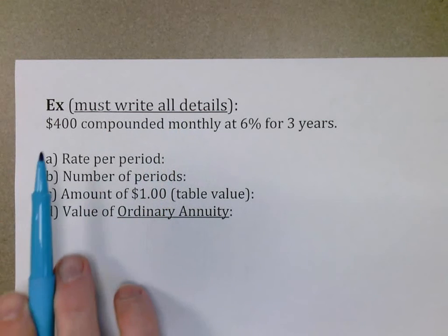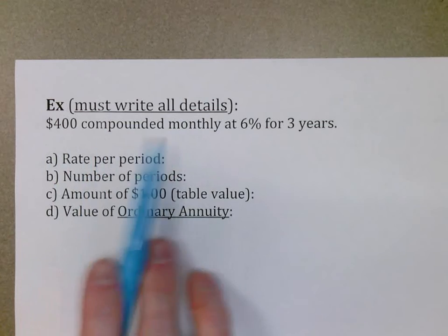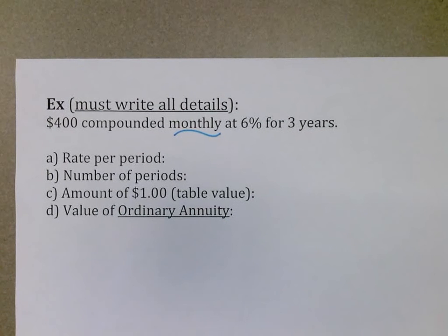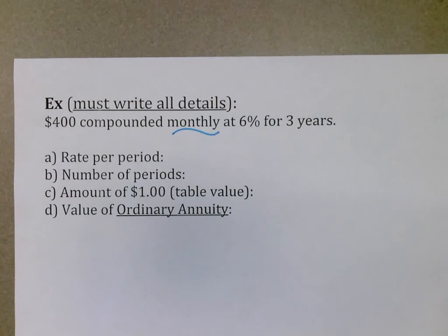We're going to examine if you have $400 compounded monthly at 6% for 3 years. Now remember, these are payments within an annuity that are made on a consistent basis. So you're going to find that the numbers in the table are far greater and that this value is increasing much faster than what a standard savings account would do.